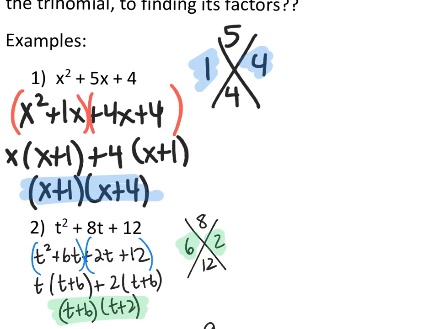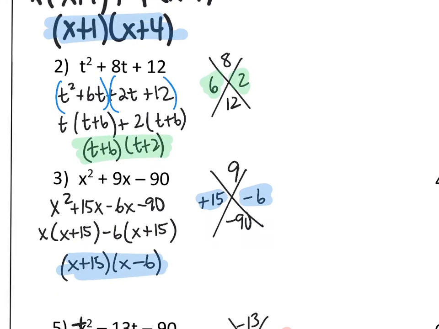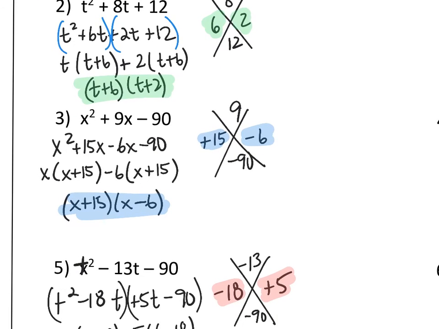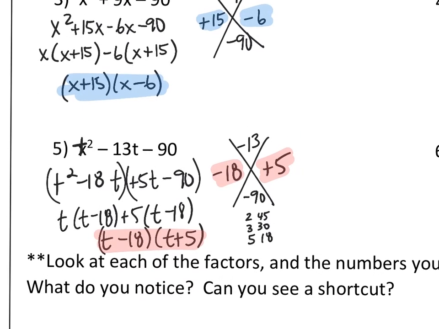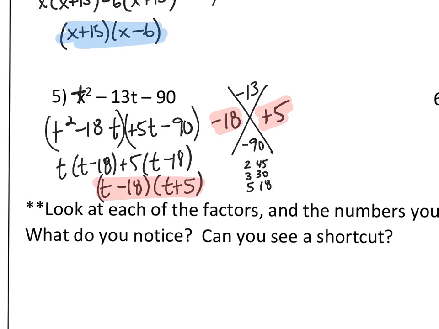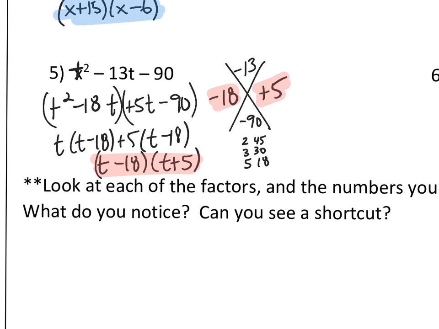So did you notice that in every case, first of all, one thing we'll notice about all of our factors is that they don't have a leading coefficient, right? Like it's x times x, t times t, whatever the case may be. And the numbers that I chose are the integers that are in my factors.